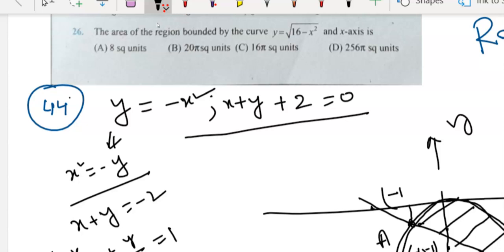This is 0, this part is pi by 2, 2 pi somewhere like this, 2 pi. So you are going to find this area, and this one. If you integrate 0 to 2 pi of 2 cos x, definitely you will get the answer 0.